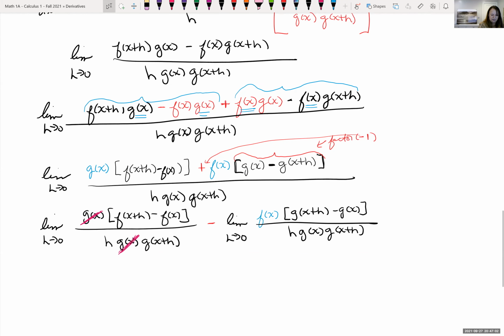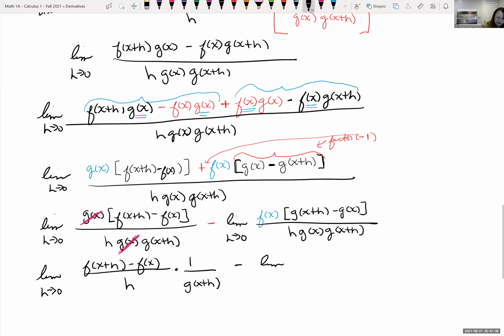Nothing cancels in that second piece, but I'm going to rewrite it so that it looks like the derivative in here. So let's do that. So this is the limit as h goes to 0. This is the same thing as f of x plus h minus f of x all over h. How about let's leave this as 1 over g of x plus h. Minus the limit as h goes to 0.